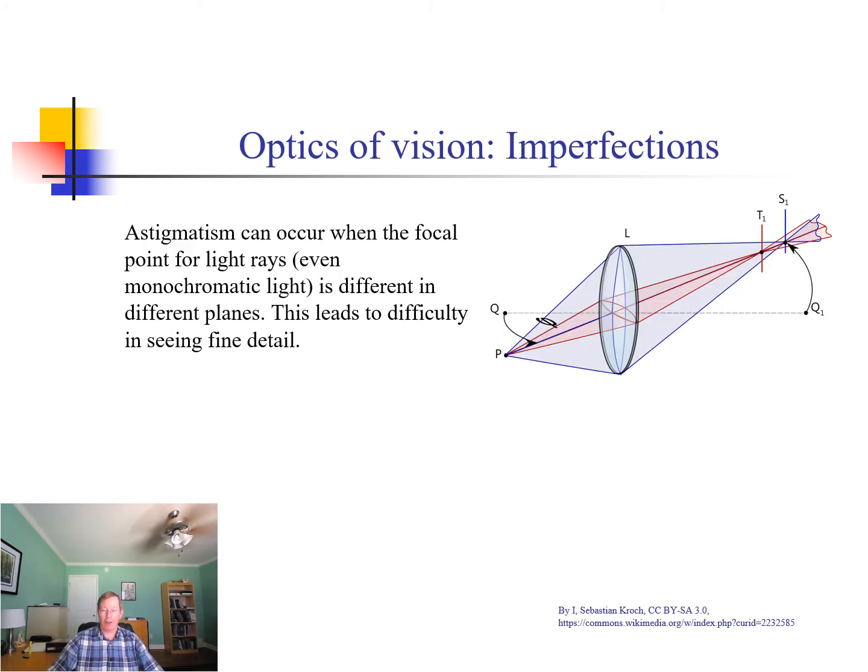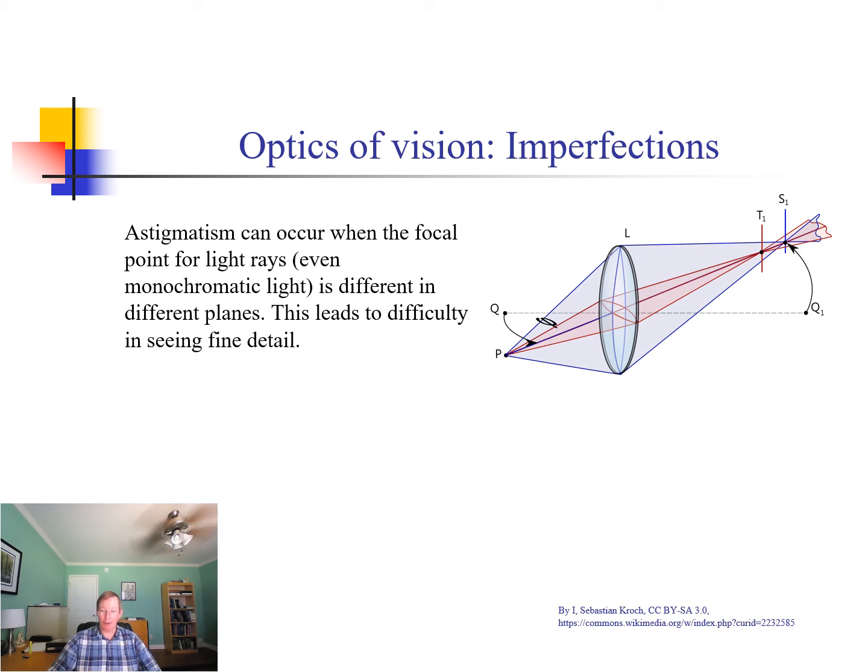All right, now there are some lens type imperfections that I want to mention that can be pertinent for what we're talking about. The first imperfection that can exist is that a lens might have a slightly different focal length in one plane versus another.